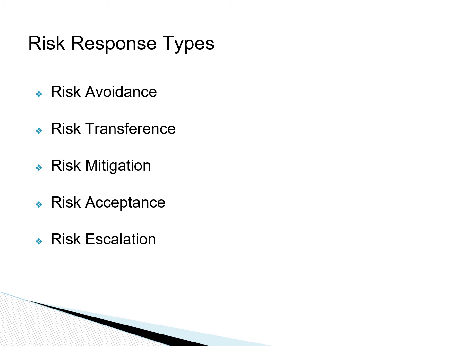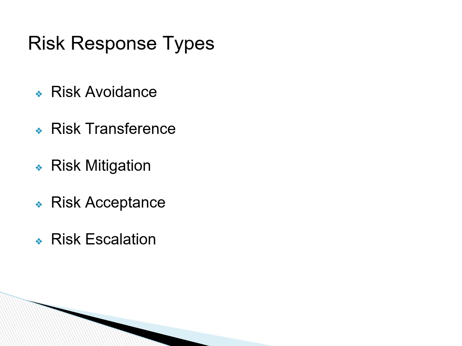We may avoid the risk completely by, for example, not using new technology on our project and therefore not having a technology risk. We can also transfer the risk to others through typically insurance contracts that we insure for that particular risk.